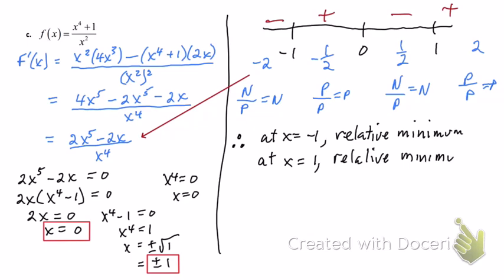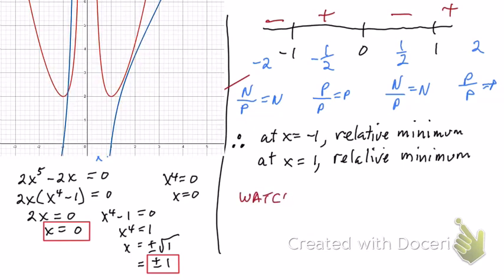and finally, we can say this. Don't just blithely go through here and go, well, at 0, we must have a maximum. No, we don't. Because at 0, this thing's not defined. And how did we figure that out?